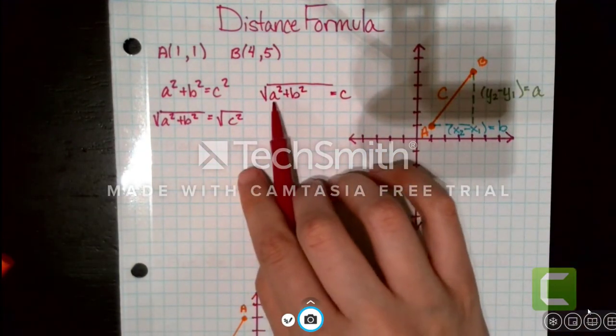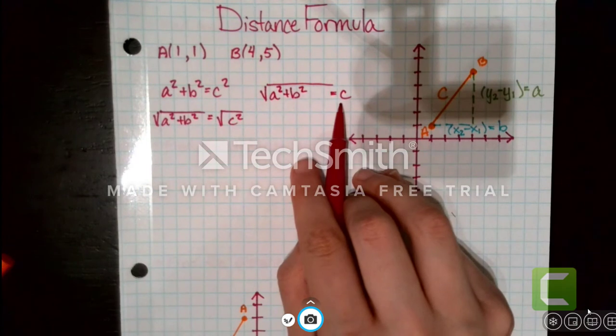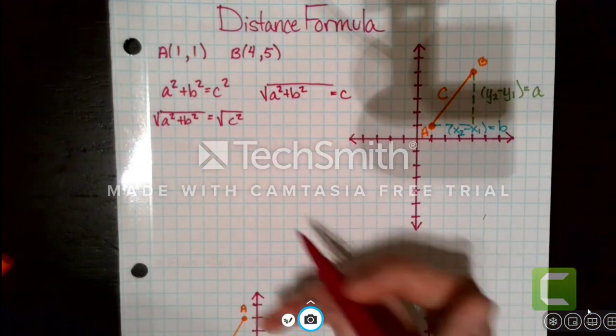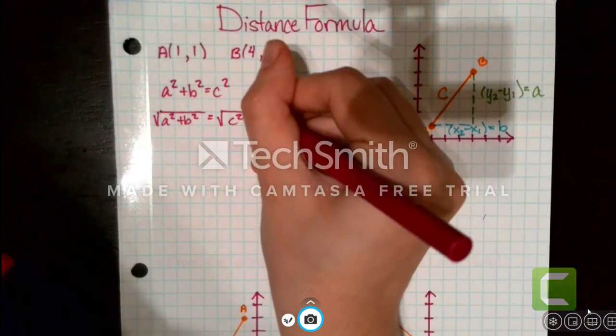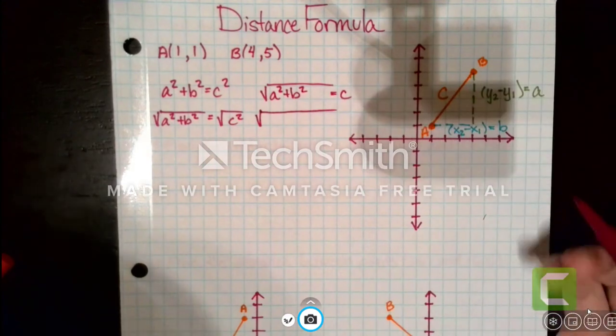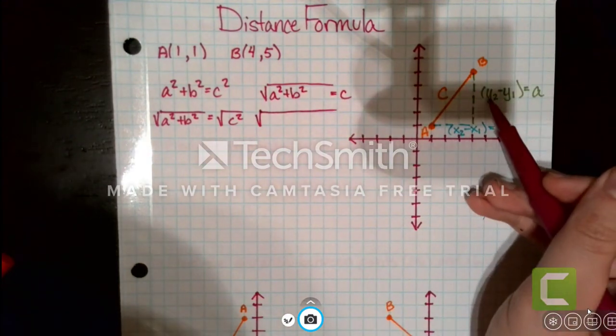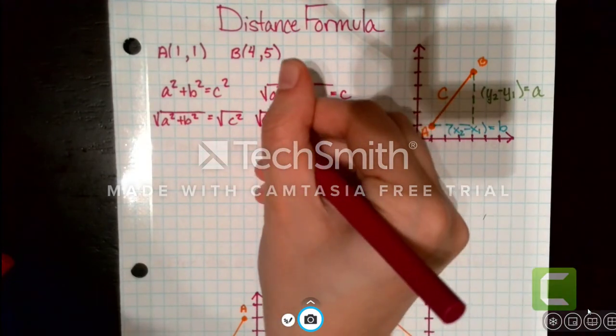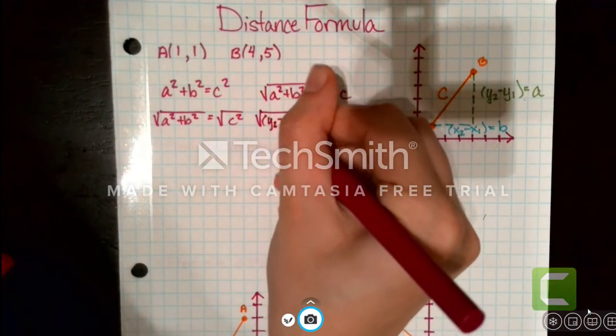Now that we have our Pythagorean theorem rewritten to what we need, let's substitute in the values we have in the example to the right. So we said in the picture that A is y2 minus y1. Substitute that in. Have y2 minus y1.